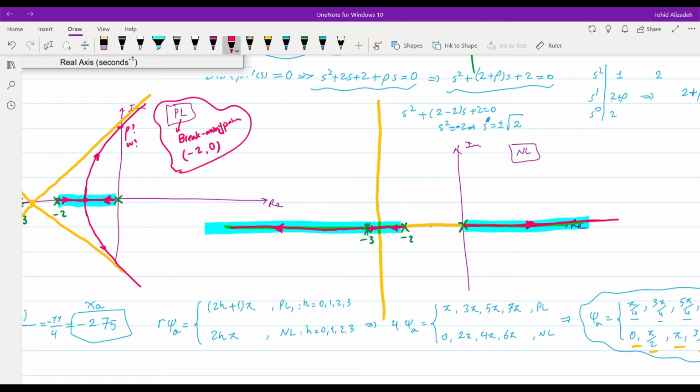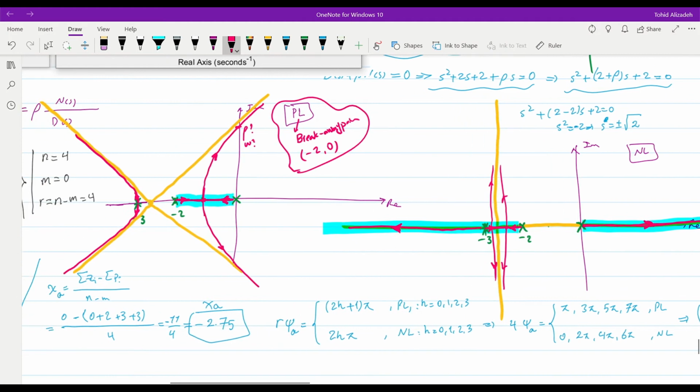They will meet at some point and they will break away from the real axis. And then they will move towards infinity. So depending on where the breakaway point is, they might move in this way. Or if the breakaway point is smaller than -2.75, they might do it in this way. We will see which one is the correct one.